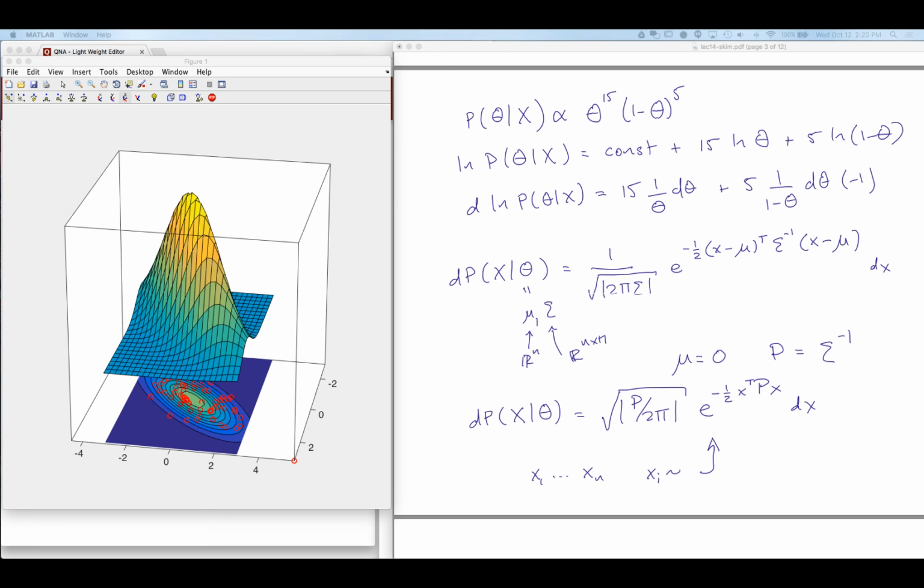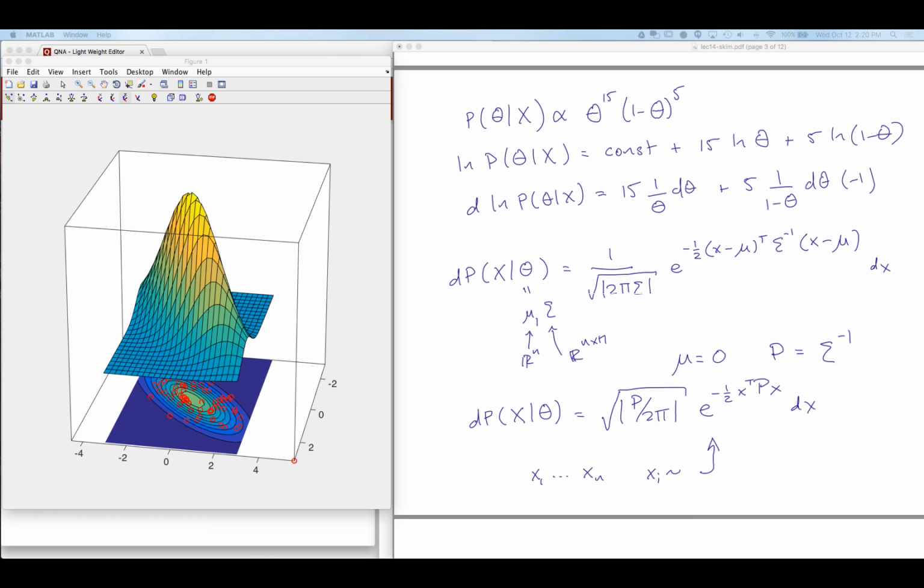I'm getting a question: can I discuss a bit what happens with correlated observations? If you believe that your observations are correlated, the best thing to do is make a model which explains that source of correlation.